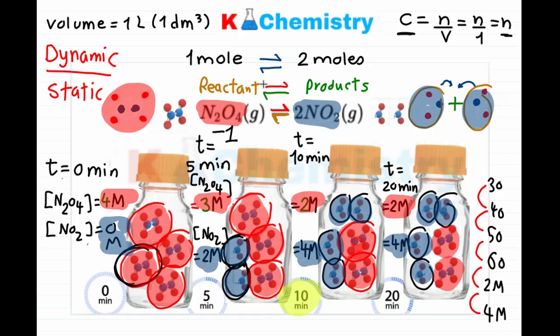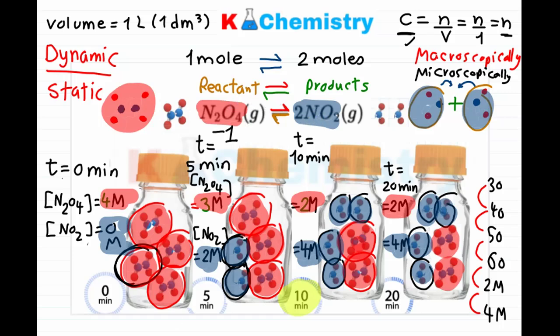So when I look at the concentrations macroscopically, and macroscopically means something that I can measure or see with the naked eye, I can see that the concentrations don't change. But in fact, microscopically, on the molecular side, there are changes happening. So macroscopically, there are no changes as the concentration is fixed, but microscopically, the molecules are breaking down and forming.